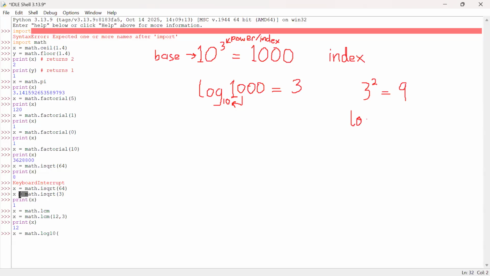Is it you still don't understand it? Okay, I'll leave it for your math teacher. Whenever your math teacher wants to teach you, you will learn that one together. Logarithm of 9 to base 3.